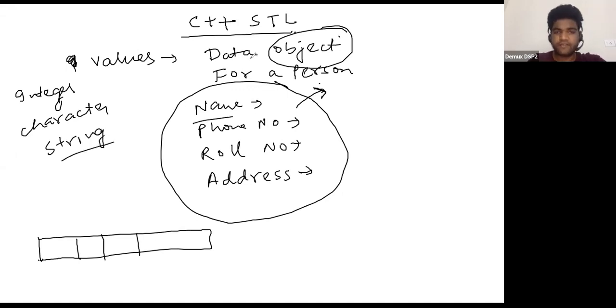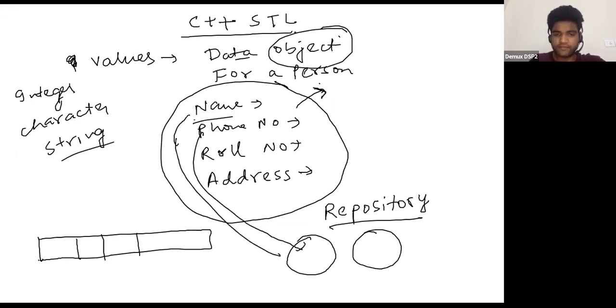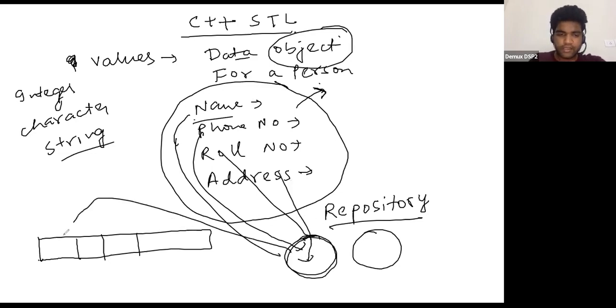For instance, if you have a repository of all the users that have visited your website, or let's say Amazon has that, then Amazon has data objects for every person, and that data object contains at least these fields, or maybe even more. Correct? So these data items are what needs to go in the container.